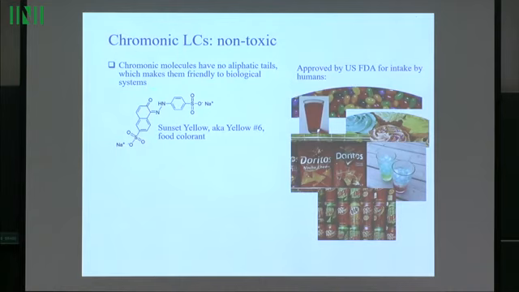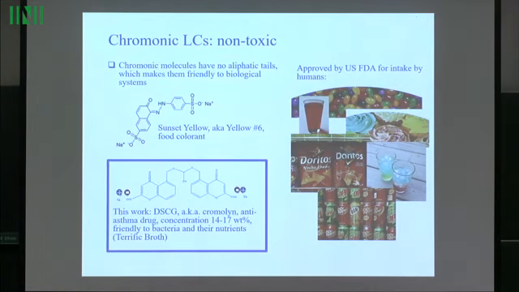This particular one looks like this piece of nacho here, just orange or red. The other example is actually transparent. It does not absorb light in the visible, and this is the so-called disodium cromoglycate, which is used as an effective anti-asthmatic drug. So it's good to take it inside in its pure form. There are no health issues associated with this.